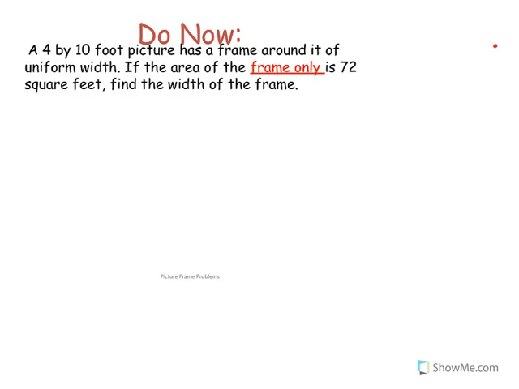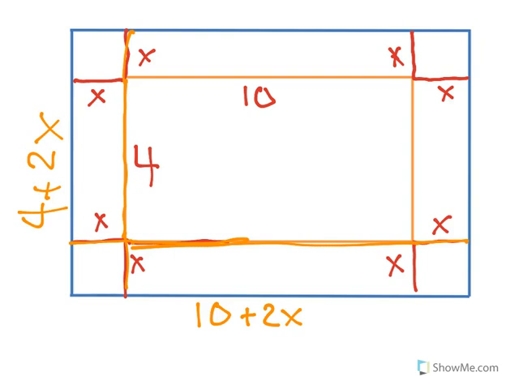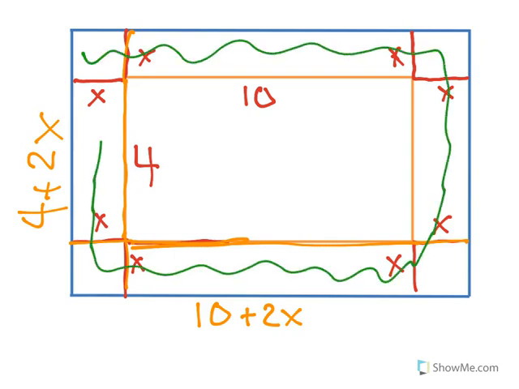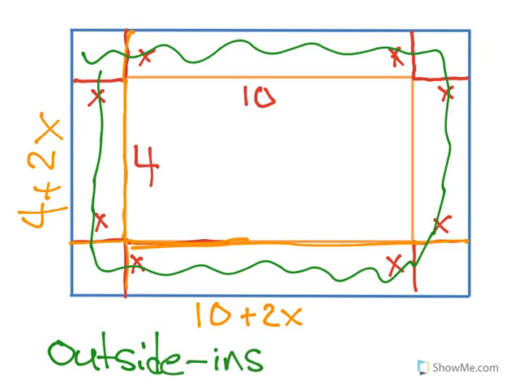But what the question here is saying is that it says the area of the frame only. Now, how am I going to find the area of just the frame? Well, the area of the frame is the area of the outside minus the area of the inside. So if I could find the area of the blue minus the area of the orange, which is the inside, it would give me the area of the frame.